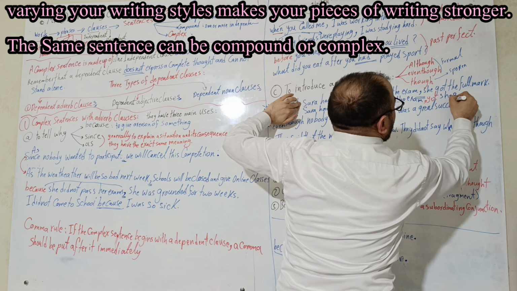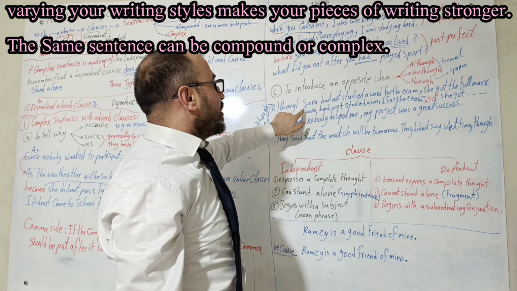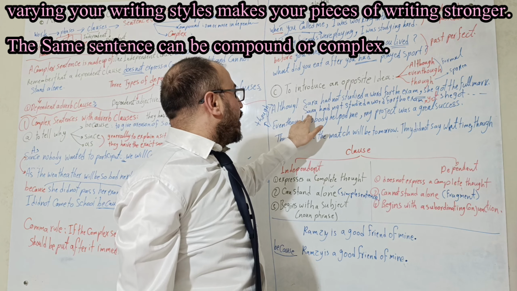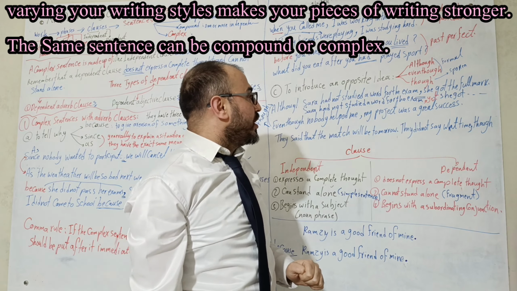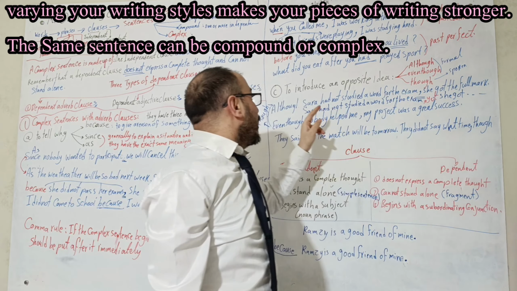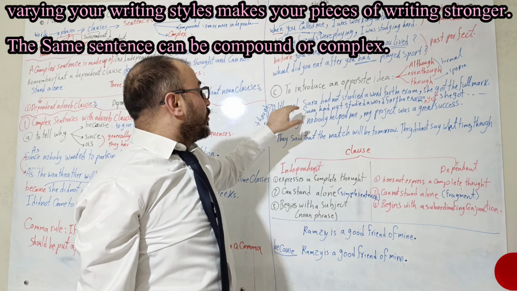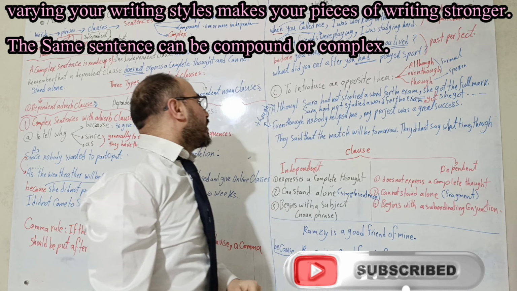She got the full mark, the same thing. And here, my friends, this is a compound sentence, and it contains two independent clauses linked with a coordinator or a fan voice. And here we have a complex sentence which includes a dependent clause and an independent clause.